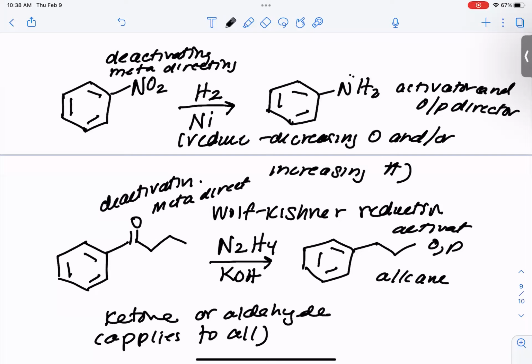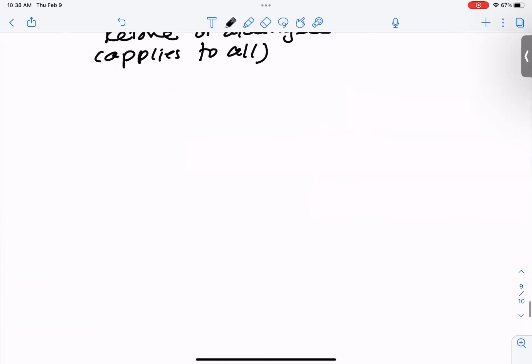So we're gonna do one more synthesis, and then I think I'll get a mechanism. I don't know if I'll get a mechanism problem. All right.